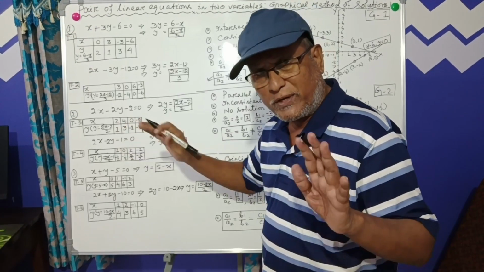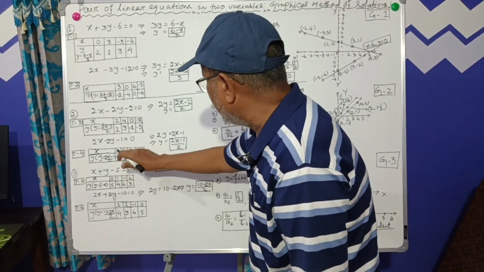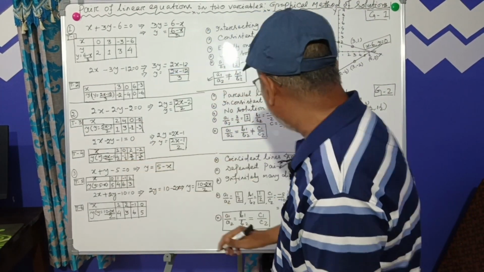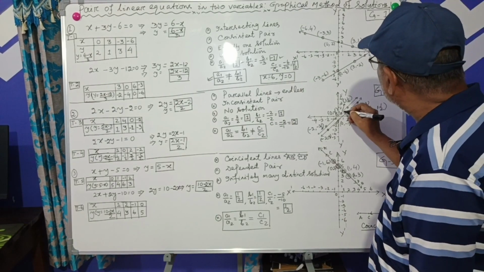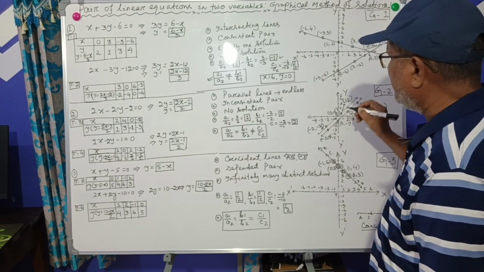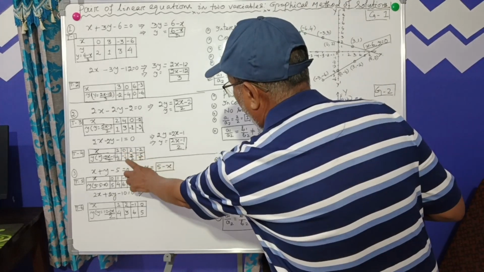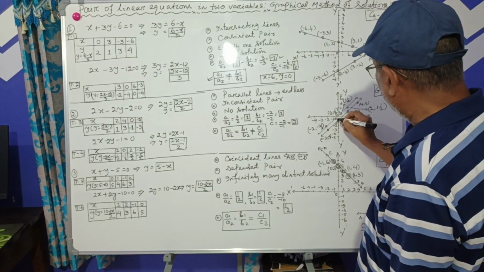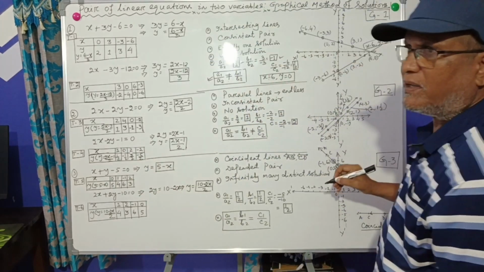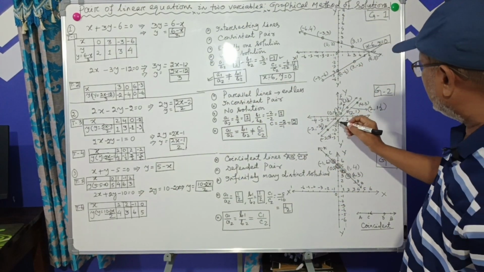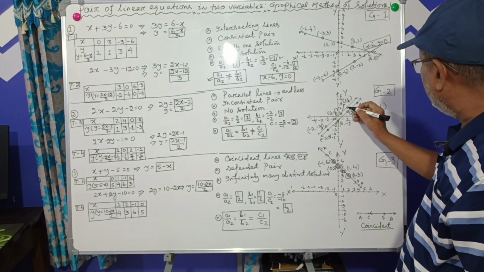Now let us locate these points. So x 1 and y half: this point. Then 0 and minus half: this point. Then 2 and 3 by 2, that is 1.5: this point.